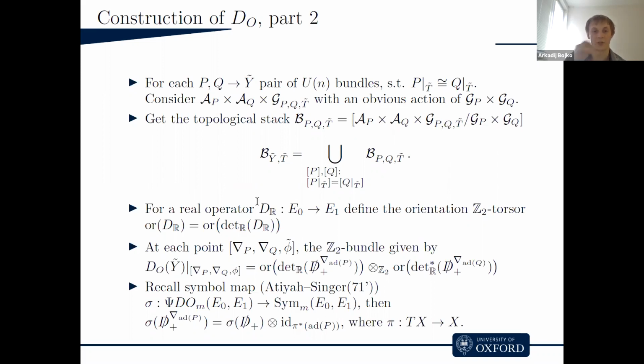Let me set just some notation. If I have a real operator on a manifold, then its associated Z2 torsor, or orientation torsor, is defined by the orientation of the real determinant line of the real differential operator.